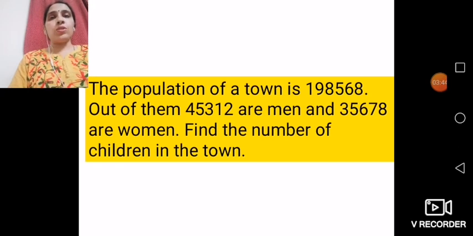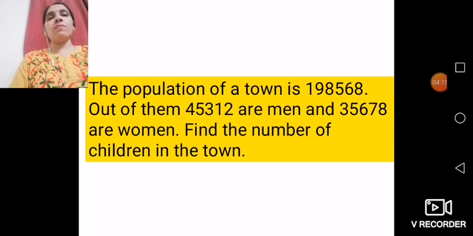Here in this question, the population of a town means the total population of the town is given. Out of them, the number of men is also given and the number of women is also given separately. You have to find the number of children. So, first we are doing addition of the number of men and the number of women.